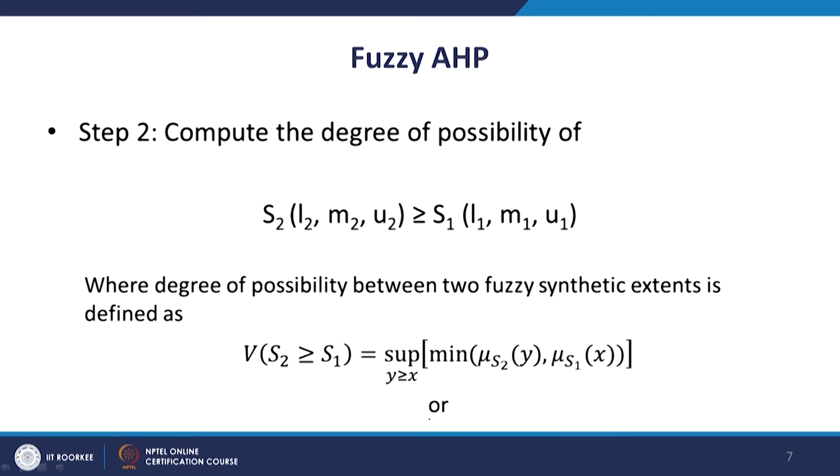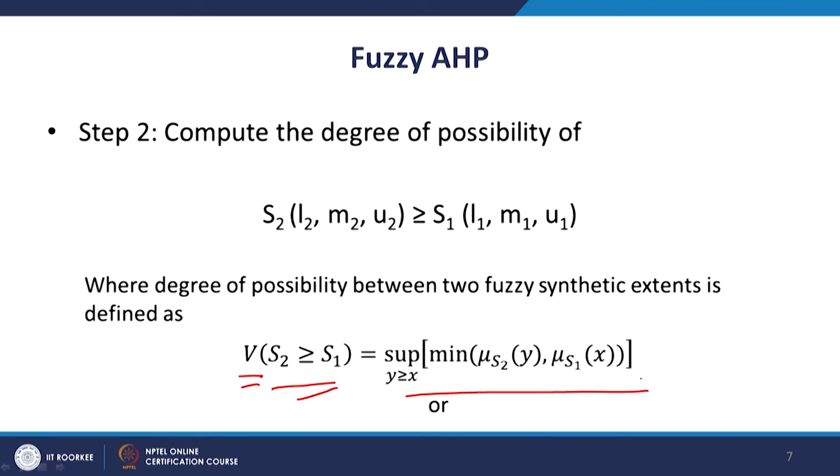Considering S2 is (L2, M2, U2), and S1 is (L1, M1, U1), the degree of possibility between these two fuzzy synthetic extents is defined as V(S2 ≥ S1). This possibility value is given by this expression, as you can see.